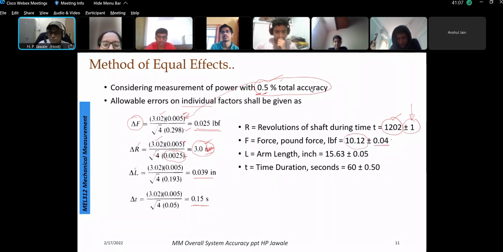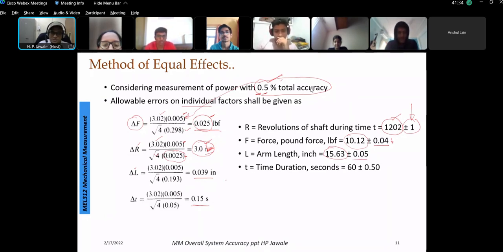Now we have to tighten this. We cannot permit an error in the force measurement greater than 0.025 pounds, so the device has to be changed. A more accurate device is to be used for measuring the force if we want to restrict the accuracy to 0.5. Then the arm length was measured as 15.63 plus minus 0.5 inches.